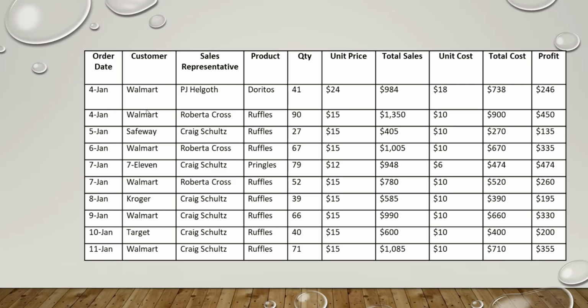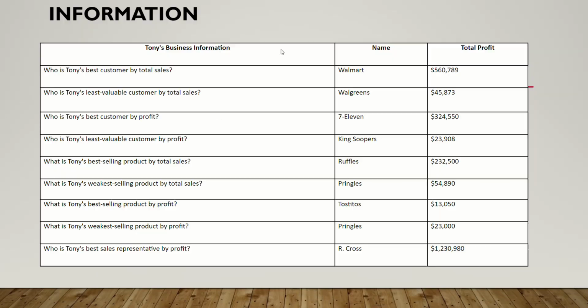We have a customer. Our customers are Walmart and 7-Eleven and Kroger. Our sales rep is this, and our product is chips. And then we ask how much money we are making based on the day, our sales rep, our product and our customer, right? So you figure that information out, and that would be structured data changed into information.